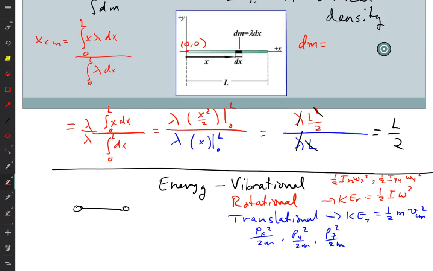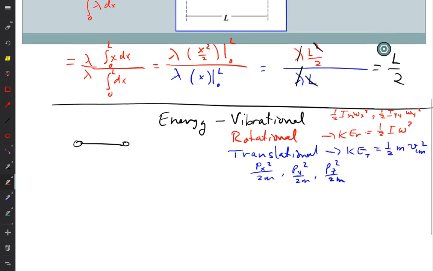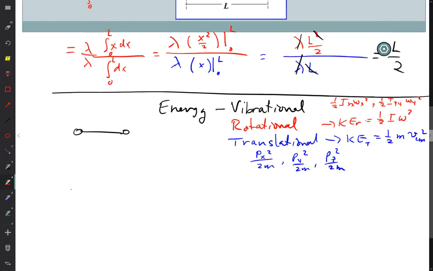Okay, so let's calculate the moment of inertia about the center of this, going like that. If we do that, I'm going to still have a linear distribution. So I'm going to do it about this axis, and I'm going to call this the x-axis.